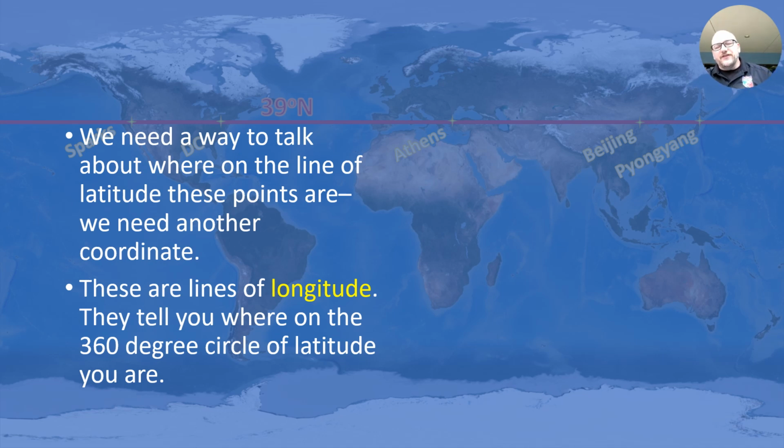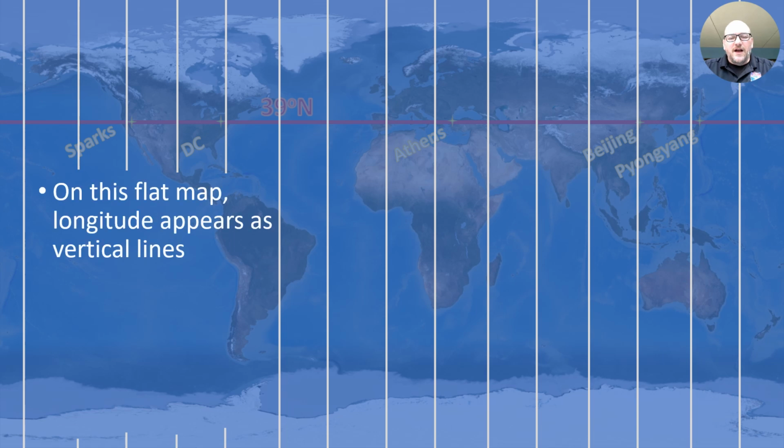And longitude is 360 degrees all the way around the circle of the Earth, marking where you are on that circle of latitude. So these lines kind of show up as vertical bars. They all come together kind of like orange slices at the top of the Earth. So they all come together at the pole, and they mark where you are on those lines.